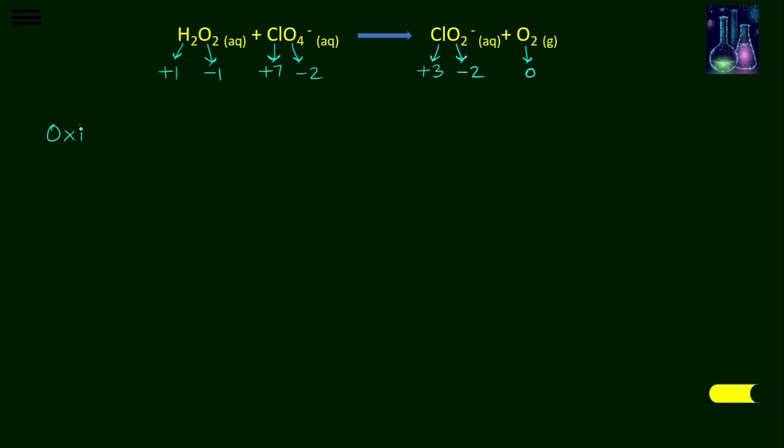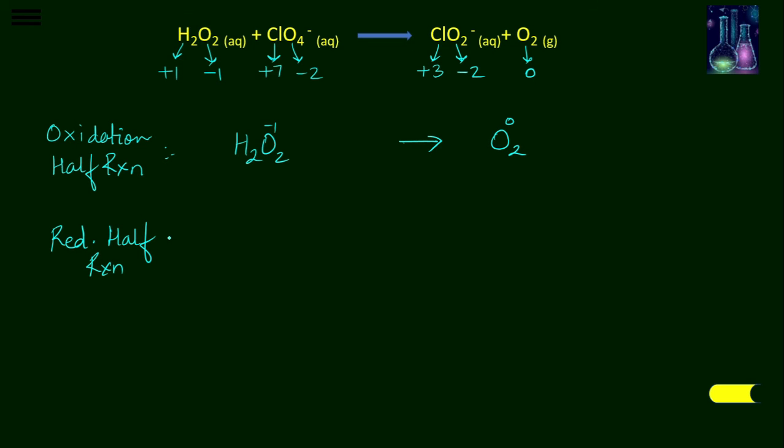The oxidation half reaction is H2O2 gives O2. So minus 1 to 0, there's an increase in oxidation number, and next is the reduction half reaction, which can be written as ClO4 minus converting into ClO2 minus.